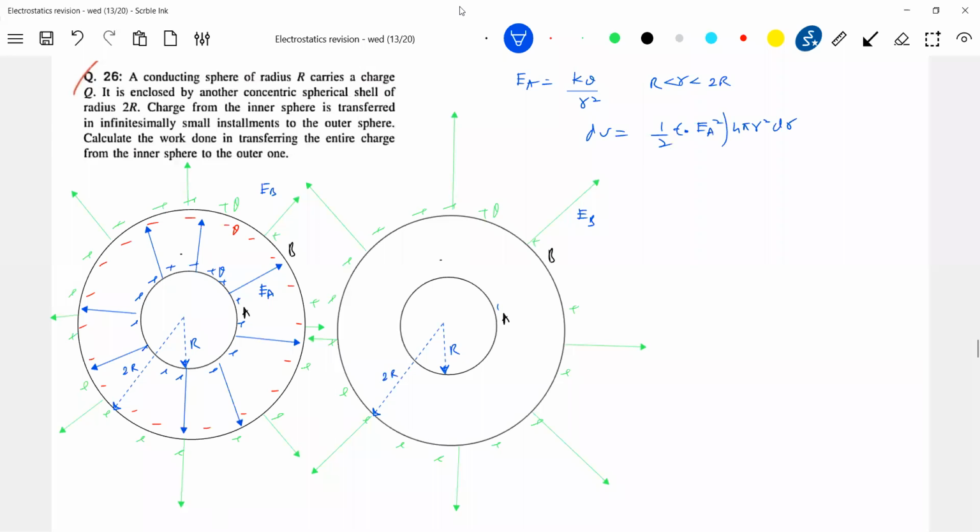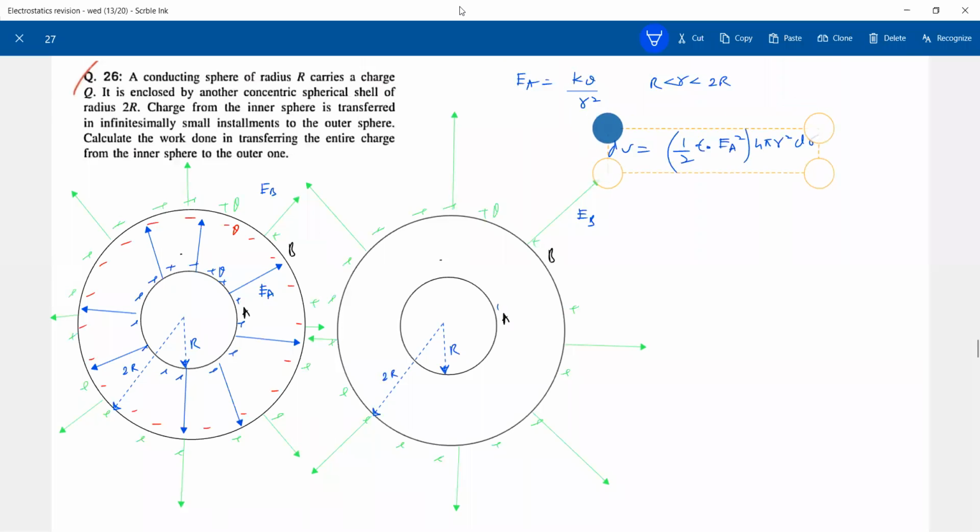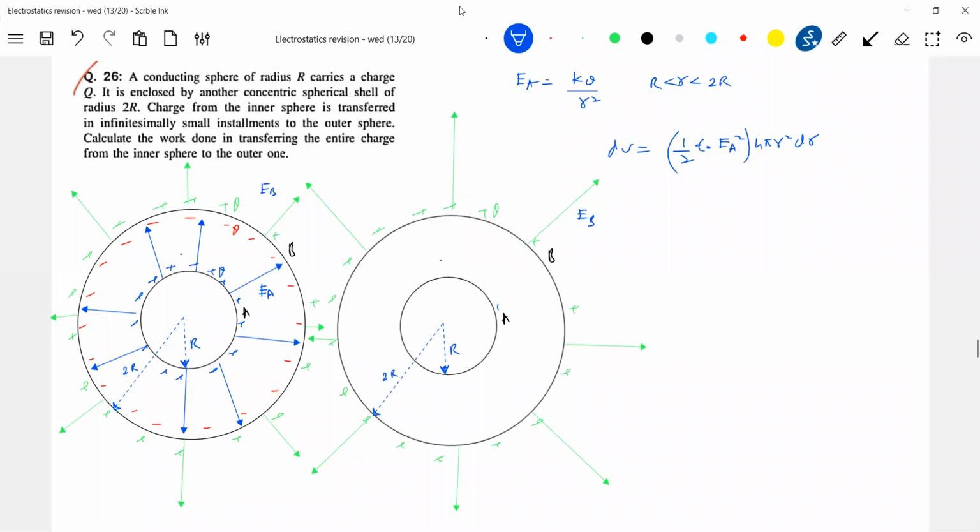What is this formula? The energy density formula. Okay, for your benefit, I'll write one more step. Elemental volume: I'm assuming a thin shell of radius r and thickness dr. So I'll make a small diagram.